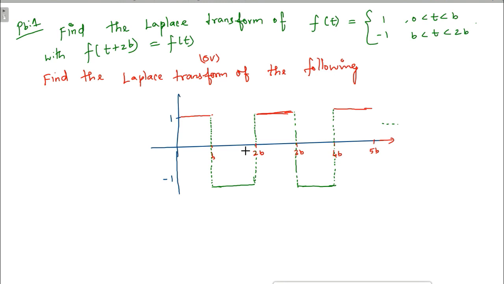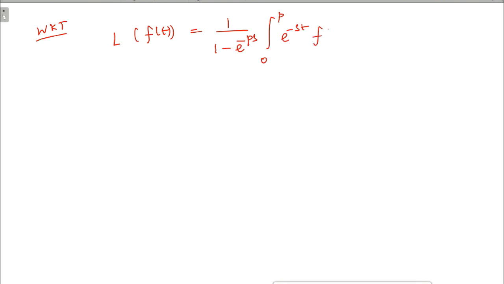Now I am going to apply the formula. We know that L of f of t equals 1 by 1 minus e power minus ps, integral over 0 to p of e power minus st f of t dt. In this problem p is 2b, so try to substitute the correct value for p.